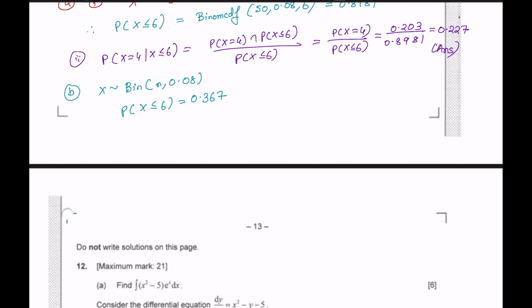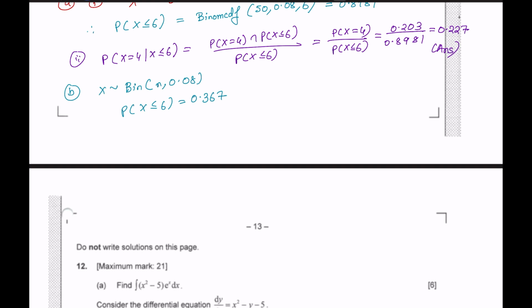So I can try midway, 95 now. Again, when I go to binom CDF, instead of 90, I'll try 95. I got 0.355, which is close, but it is smaller than our value. So I'll just reduce it a little bit more.